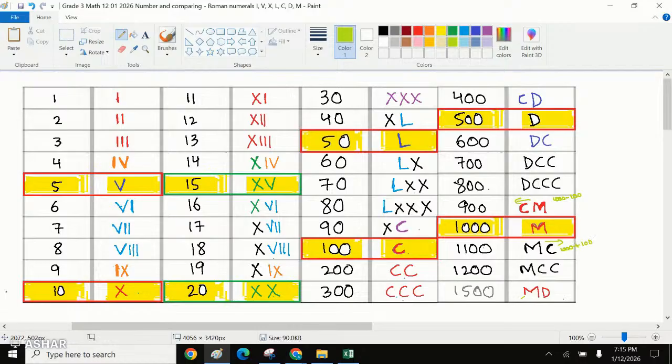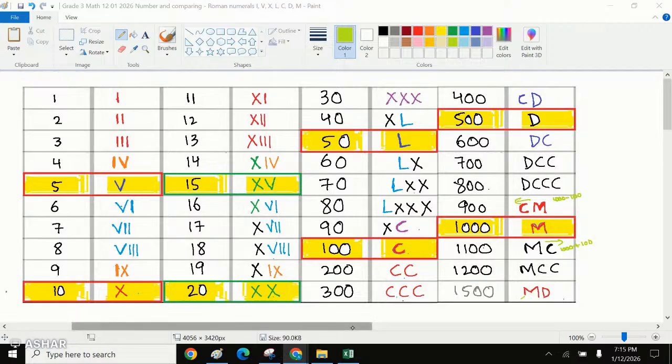This is the difference. Okay. So if an alphabet is written before the bigger alphabet, that means it's subtracted. If it's written after, that means it is added. Okay. That's great. Now, once we are done with the grid, let's keep these shaded values in our mind, whatever I have highlighted with the yellow, and then we'll start, okay?